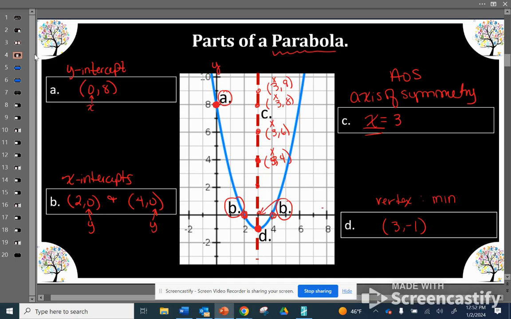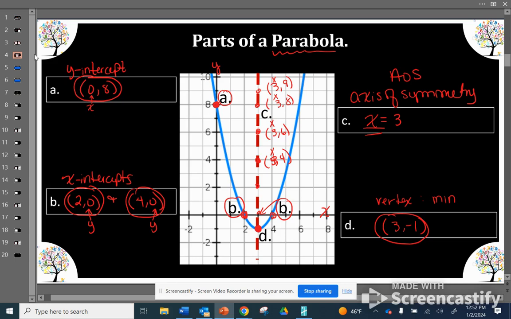So let's review that the y-intercept is a point, so we write it as an ordered pair. Our x-intercepts are also points, so we're going to write those as ordered pairs. Our vertex is another point, so we're going to write that as an ordered pair.